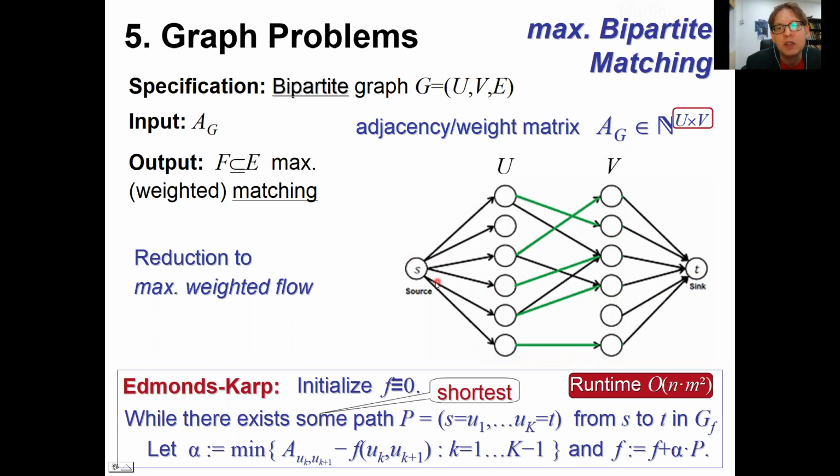And let's first consider that counting version of the maximum matching problem, where we don't need to worry about weights. And then the observation is that maximum flow from this augmented graph from source to target actually induces a matching, right? So why is that so?